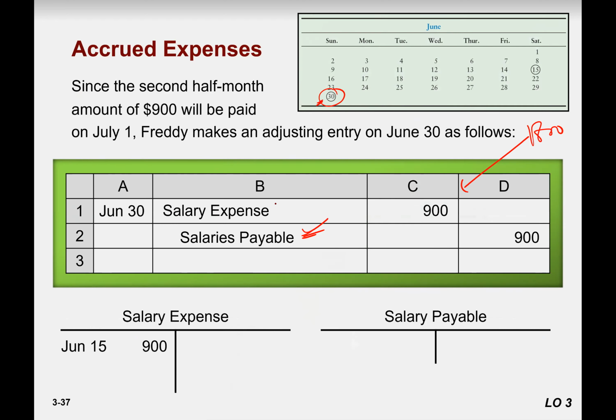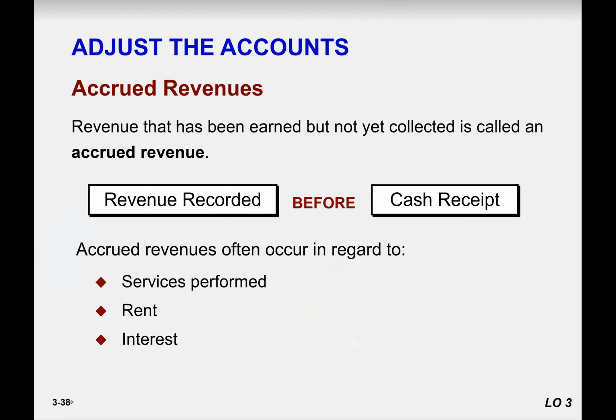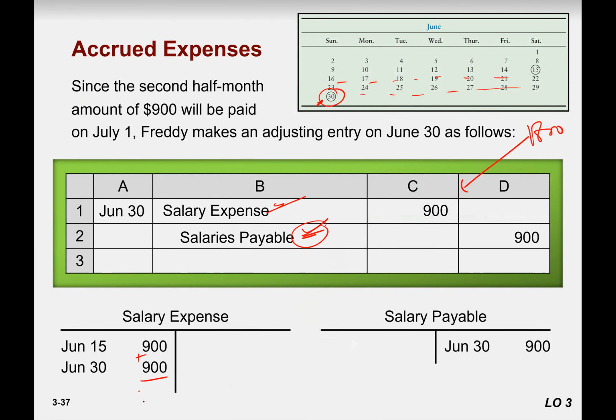Salary expense occurred, yes. The workers had worked for all these days. And then you create a liability. So in this case, your expense is now complete, 1800, right?